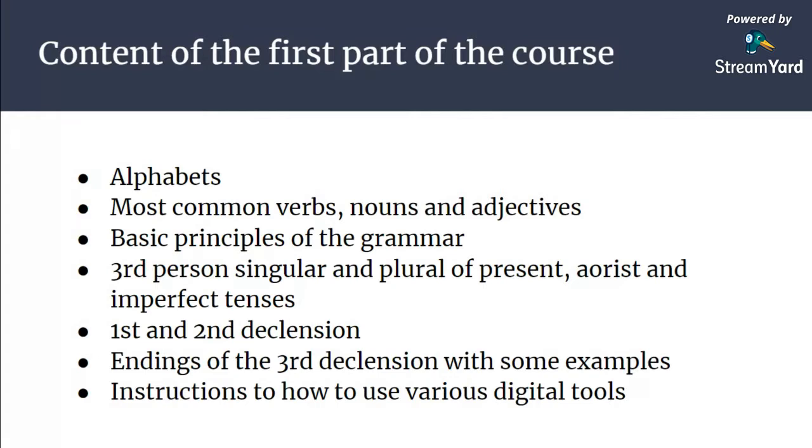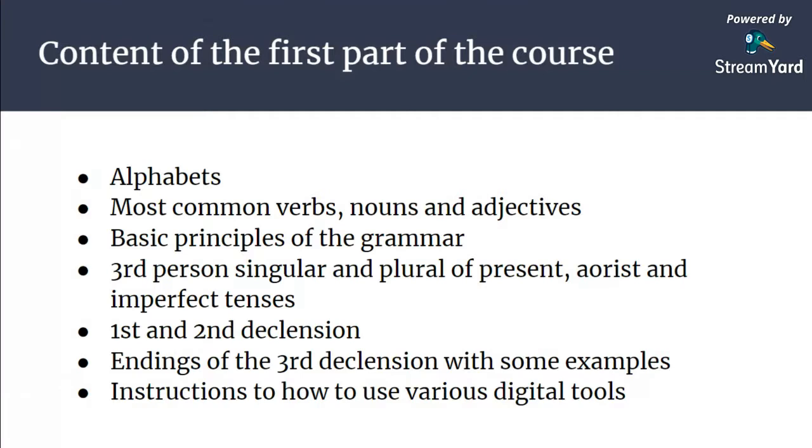I forgot to add the reason why we learned only the third person singular and plural of these three tenses: the data showed that more than 60% of the verbs were third person singular or plural of these three tenses.